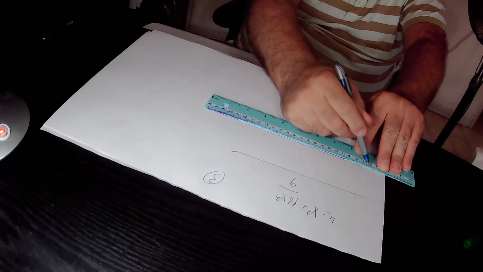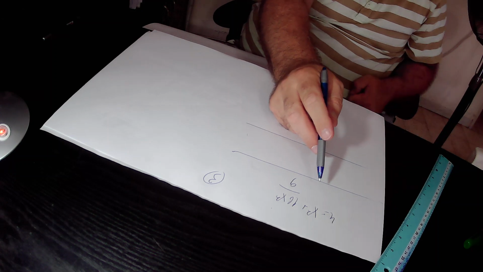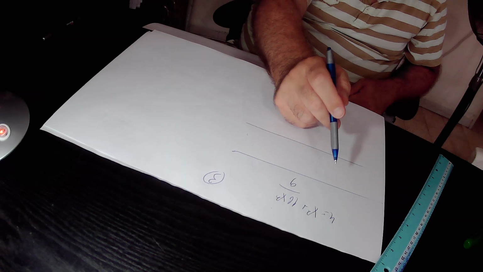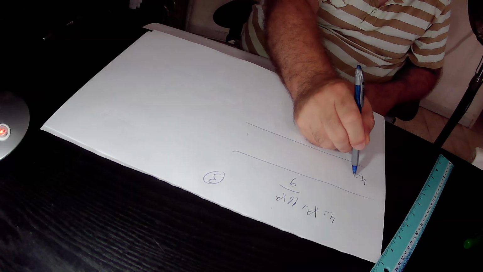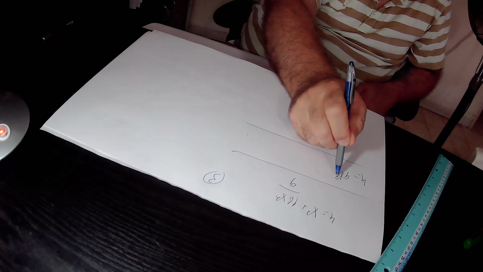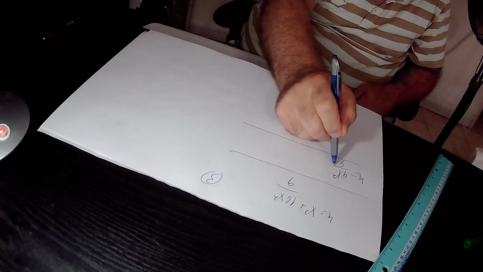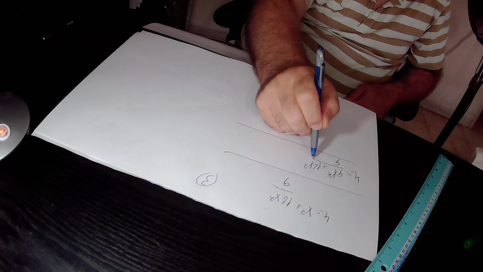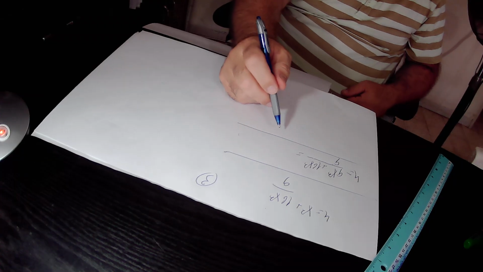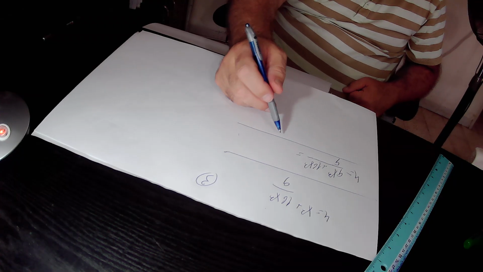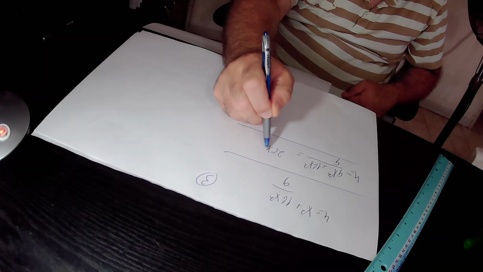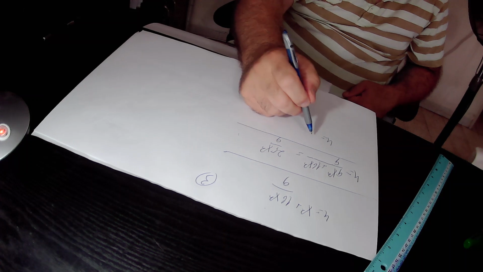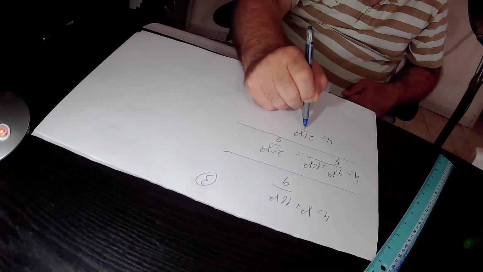Here we multiply x squared by 9 and divide it by 9 in order to get a common factor in this expression, and we get that 4 equals 9x squared over 9 plus 16x squared over 9. 9x squared plus 16x squared is 25x squared over 9. So in total we found out that 4 equals 25x squared over 9.